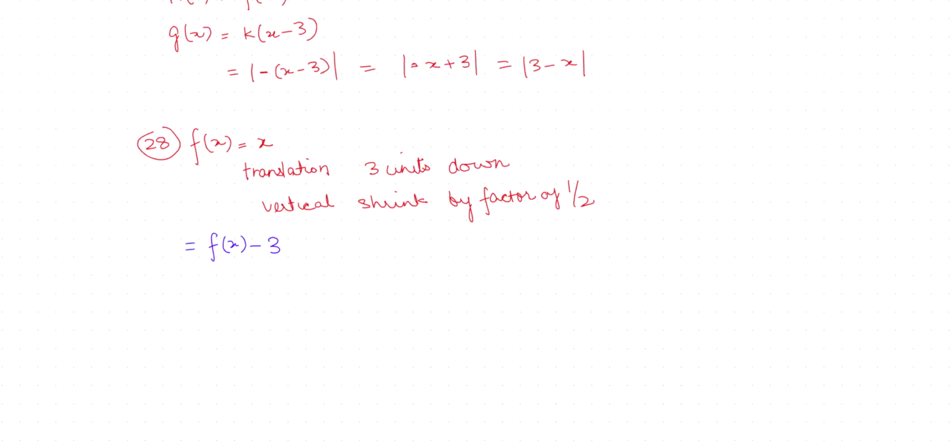So whatever we have got now, we'll multiply that by half. So it would be half of f of x minus 3. We'll substitute f of x as our x, which was given, and minus 3.